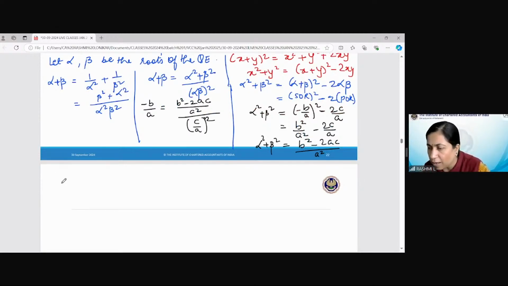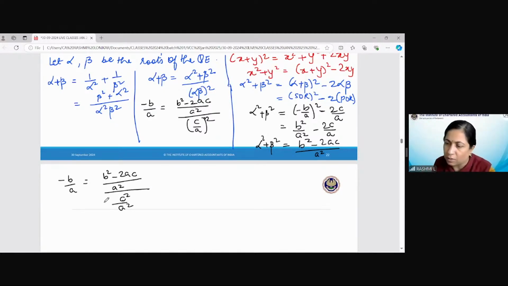So I will get minus b by a equal to b square minus 2ac upon a square upon c square upon a square. So this a square and this a square will get cancelled.